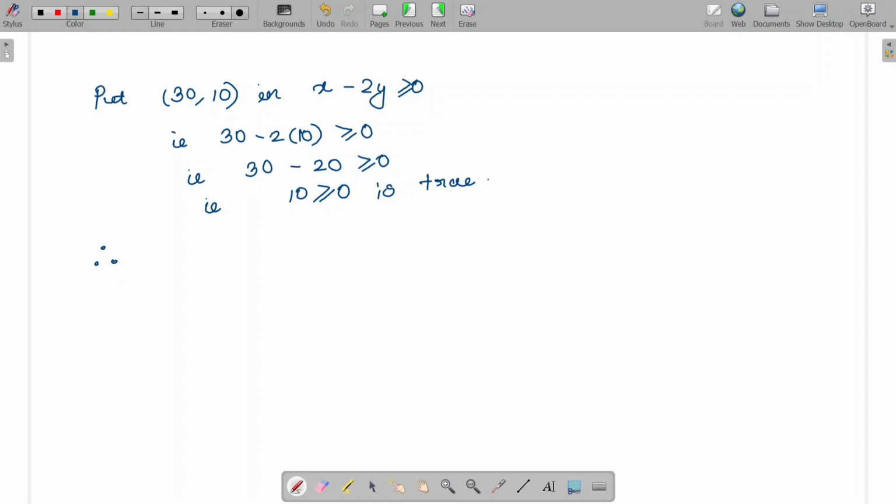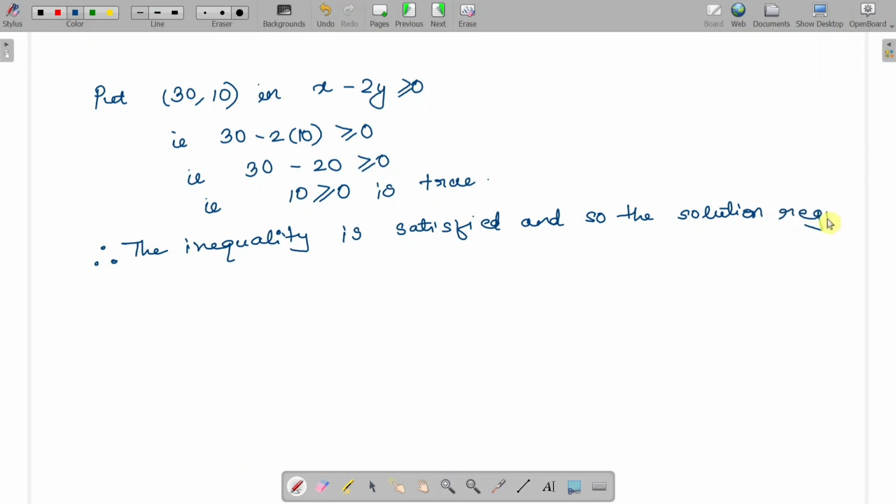So therefore the inequality is satisfied, and so the solution region is the half plane where point 30, 10 lies.